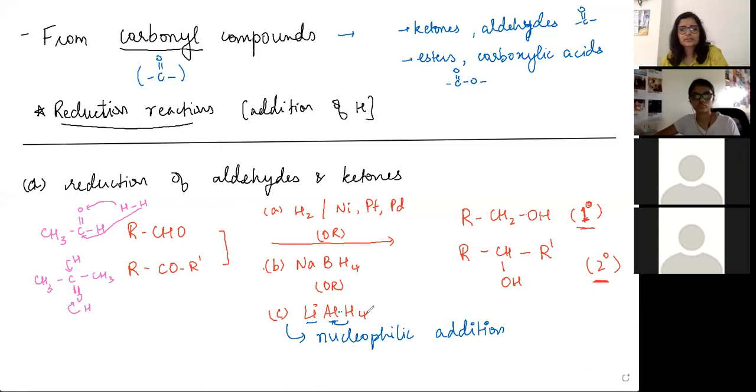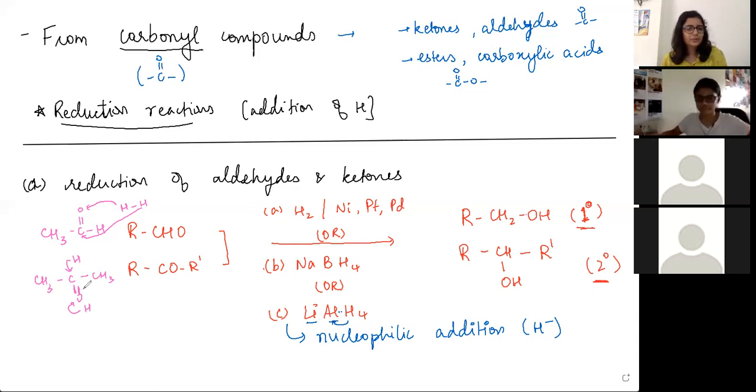But yes, the hydrogen from lithium aluminium hydride, LiAlH4, it is the H minus that attacks the carbon of the aldehyde or the ketone. You're going to revisit this again when we study the chapter on aldehydes and ketones.